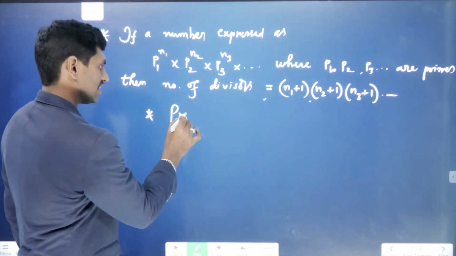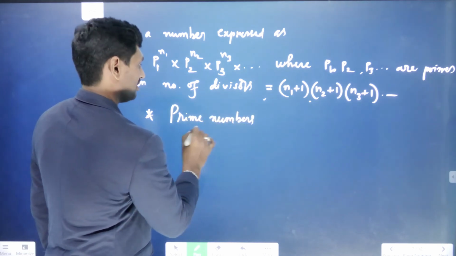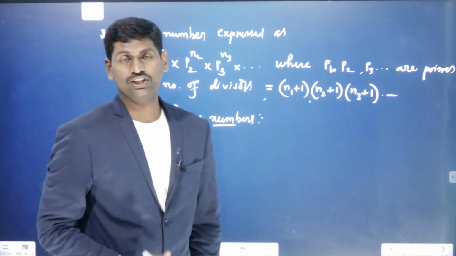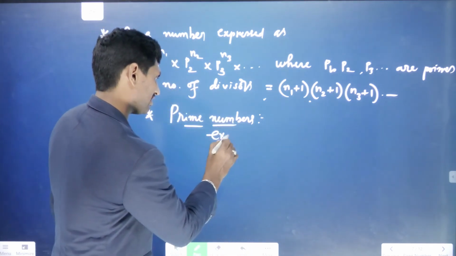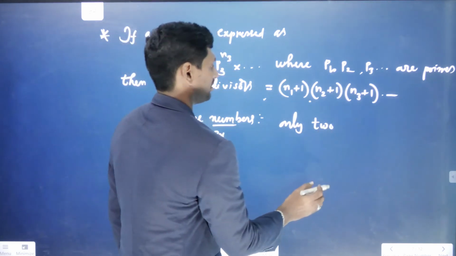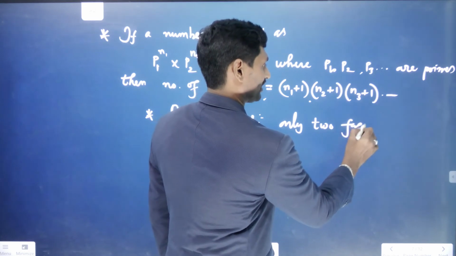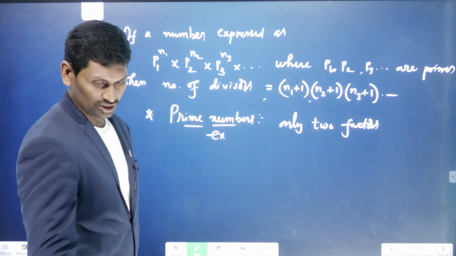And you already know about prime numbers. What is a prime number? The numbers having exactly 2 factors, 1 and itself. The numbers having only 2 factors are called prime numbers.